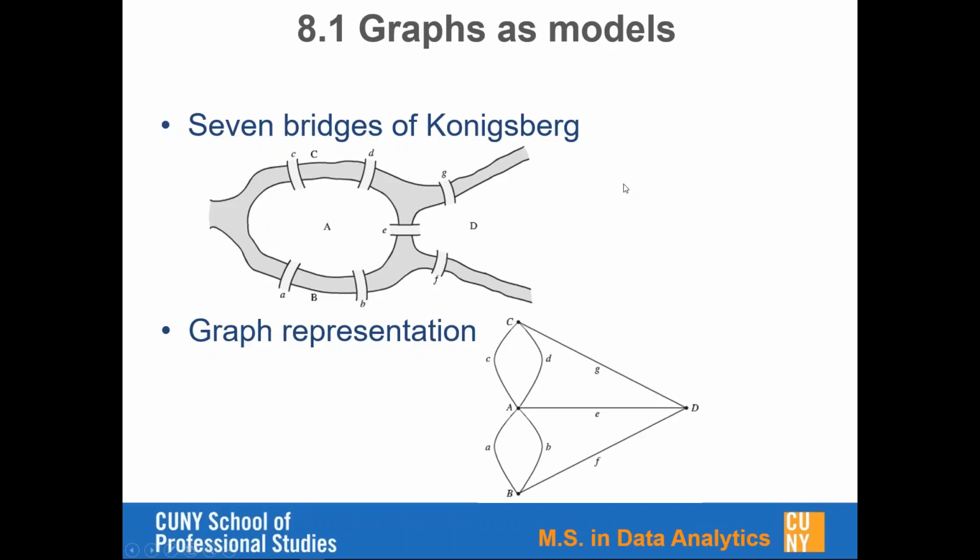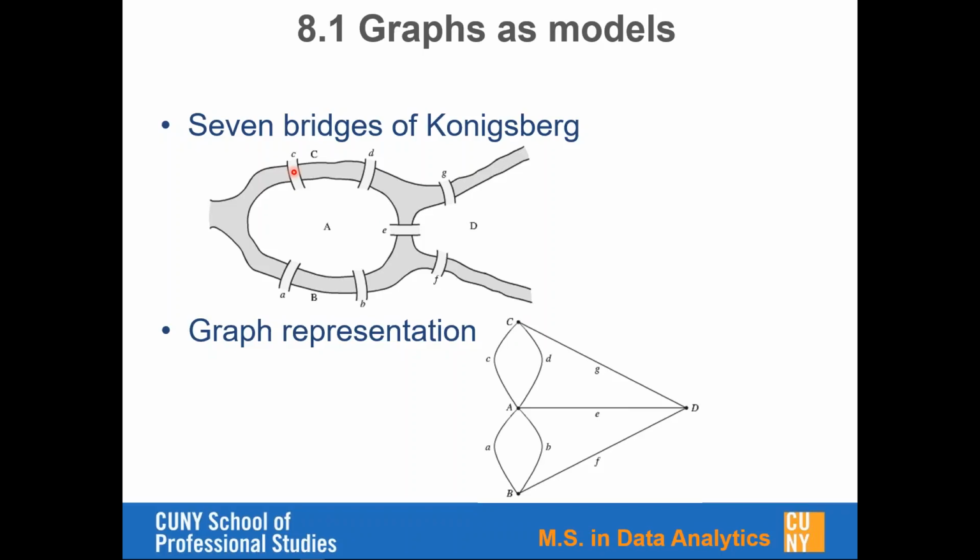So essentially, in this example, we use points, in this case capitalized letters. Hold on, let me get a laser pointer. We use capitalized points in graphs. We call them nodes to represent all those bridges' endpoints.